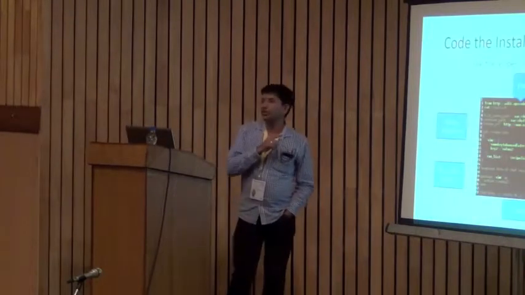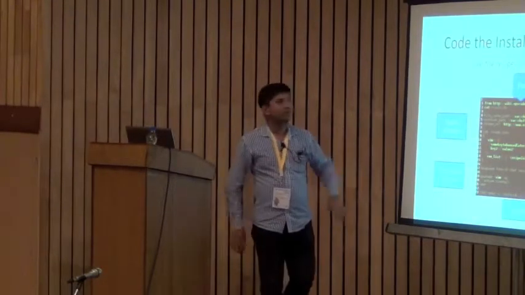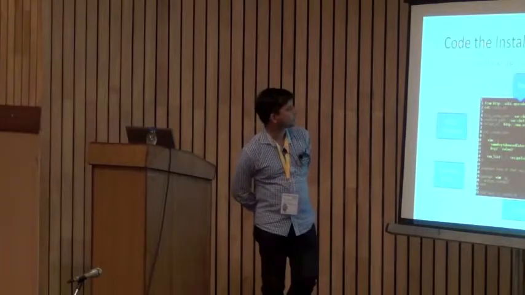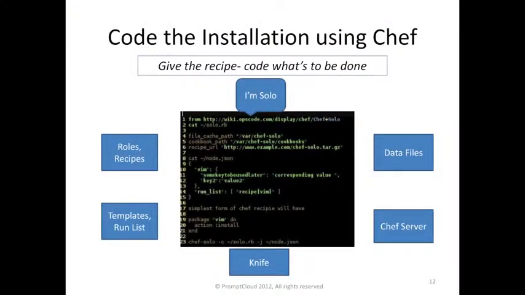Out of those two, Chef and Puppet, I'm giving the example of Chef. The basic idea behind it is they want to code the installation. Whatever you do in the process of installing a new server, they want you to put that in code and it goes in version control. An individual installation file will look pretty simple.